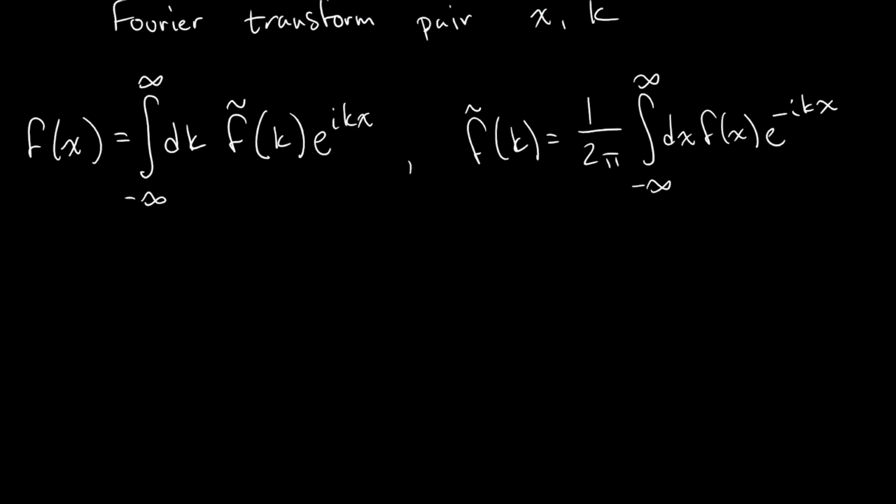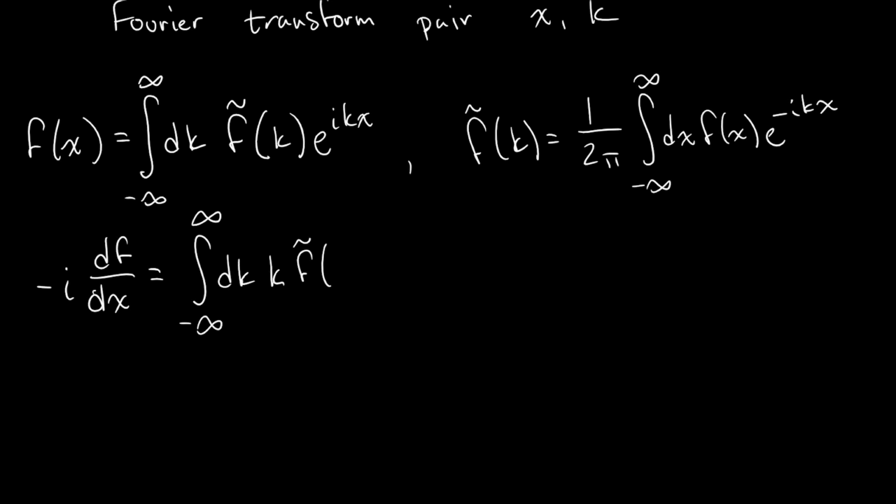So this is almost exactly the same as what we find from a Fourier transform pair. Just to remind you that I can write minus i times df dx is equal to the Fourier transform, f tilde of k, e to the ikx, and similar here.